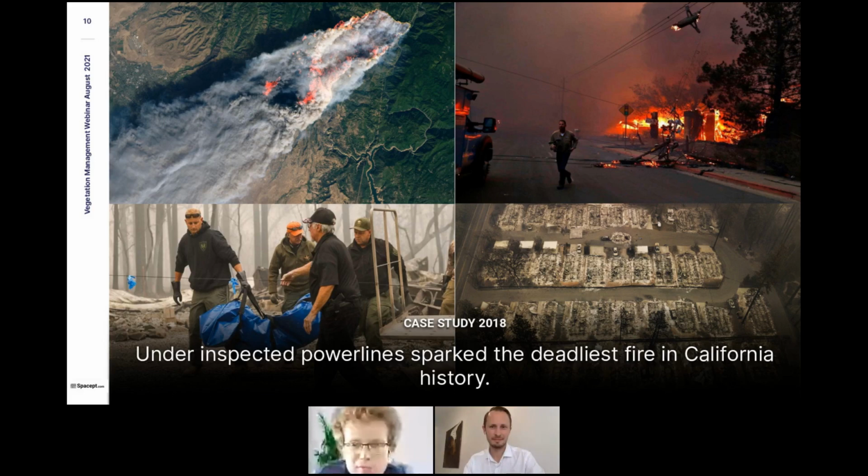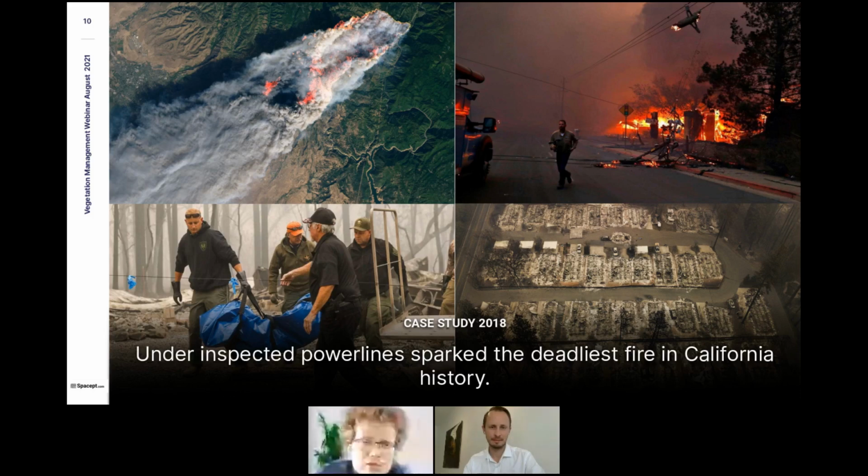Over here in the image, you can see a case study of what inspired us to start Spacept in the first place. We realized companies need a modern way of inspecting infrastructure because current means don't make the cut, and they lead to mega fires like the one in Paradise, California, which killed 86 people and destroyed almost 20,000 buildings, resulting in $16.5 billion in losses.